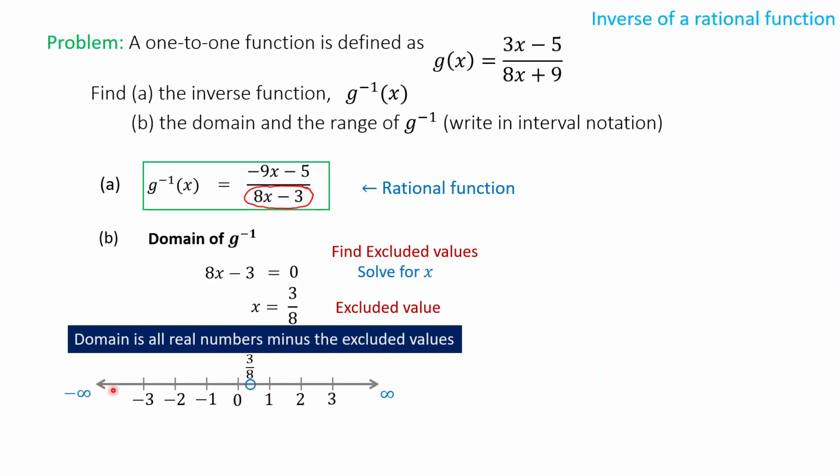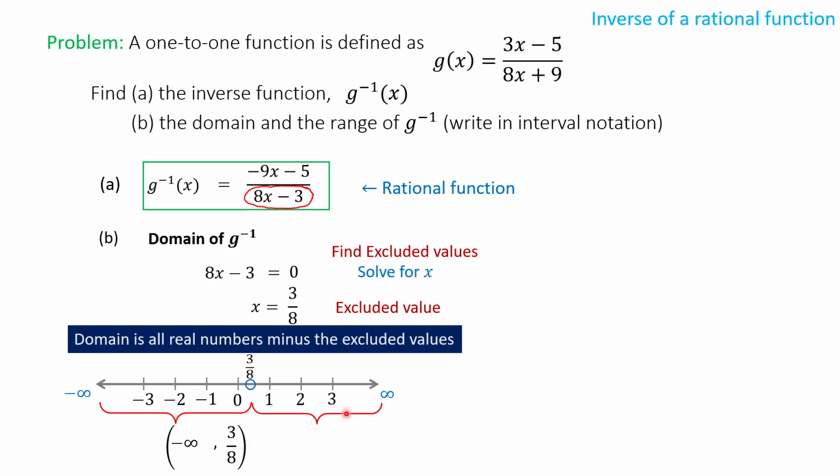So this one and this one. So for this part, you can write negative infinity, comma, 3/8. Parenthesis, parenthesis. We are putting parenthesis because we need to exclude this number.